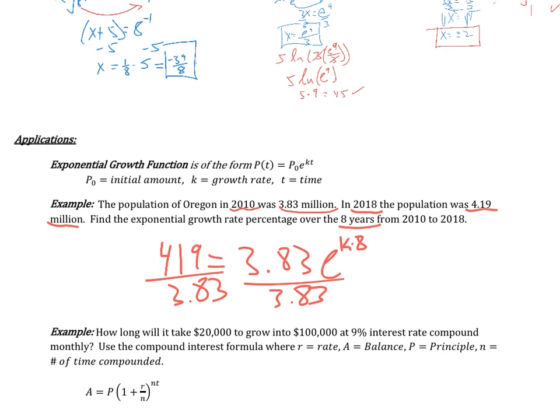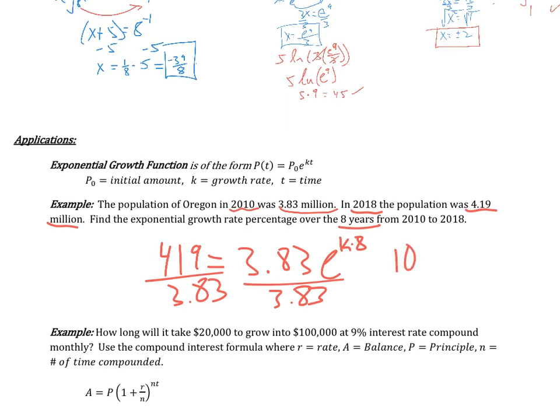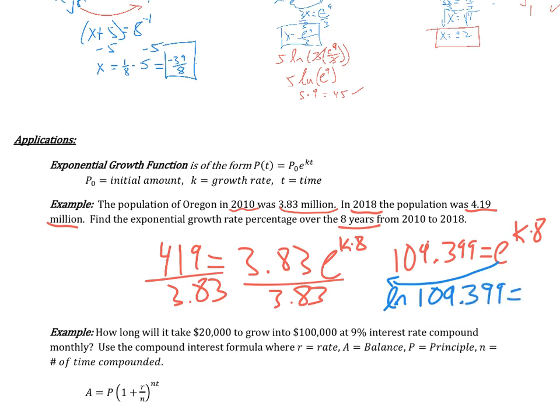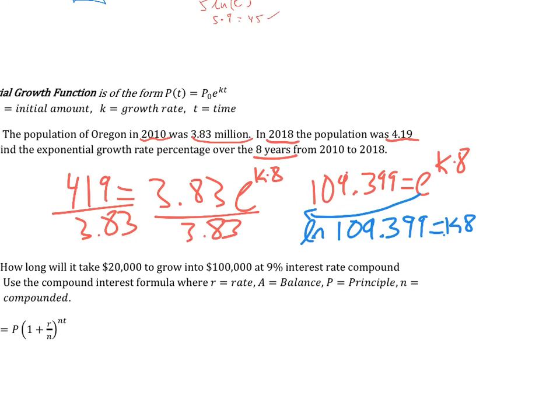Let's divide by 3.83, and using a calculator, we get 109.399, and that equals e to the k times 8. It's in exponential form right now, so we need to change it into logarithm form. Swing that base around, and we get the natural log of 109.399 equals k times 8. We'll divide by 8 to finish that off and punch that into our calculator.